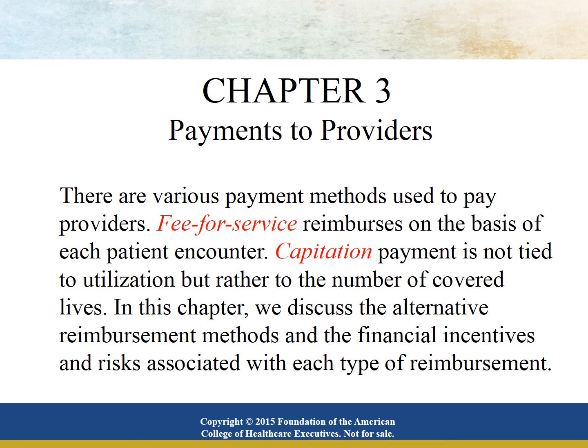It's a per-click basis. Capitation is not tied to utilization. It's more the number of covered lives. That's where you see everybody moving towards due to the Affordable Care Act, and that's what you see ACOs doing, and as hospitals get into the insurance business, as insurance companies get into our business. So we're going to go through different things and what the financial incentives and risk are associated with those in this chapter.